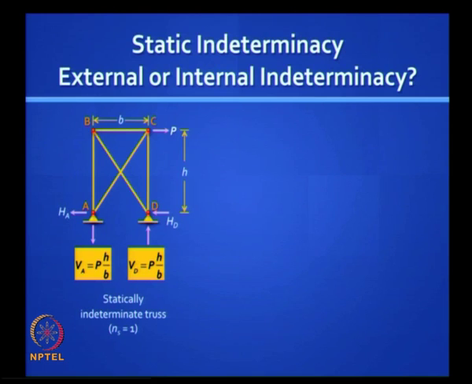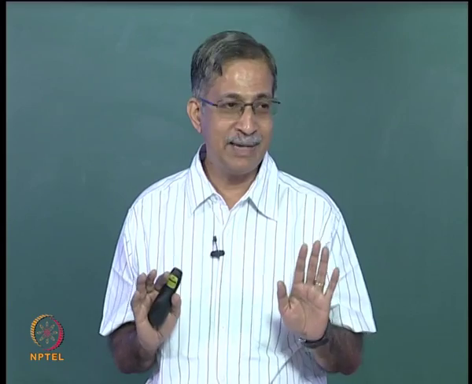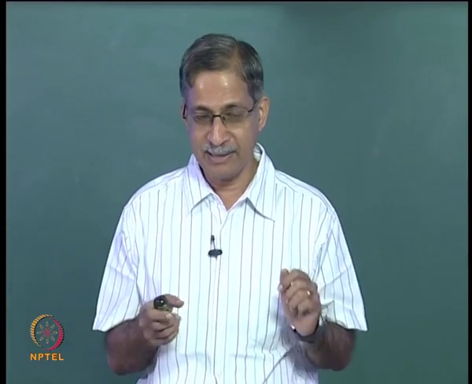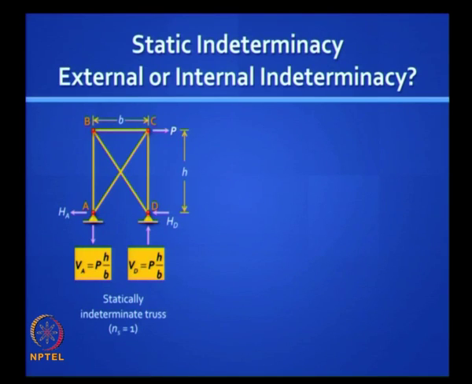So the vertical reactions are determinate, and as an offshoot of this, remember, if such a plane frame were to undergo support settlements, let us say the support D goes down relative to support A, would you get any forces in the structure? You do not, because the vertical reactions do not really change, so they are known, they are determinate. What is indeterminate is the horizontal reaction, HA and HD.